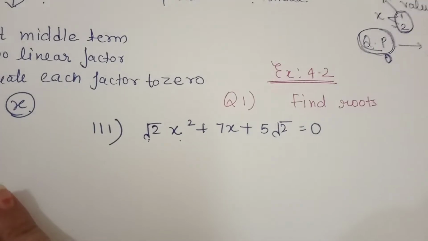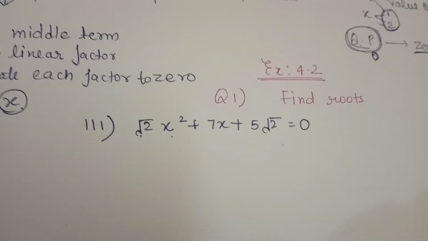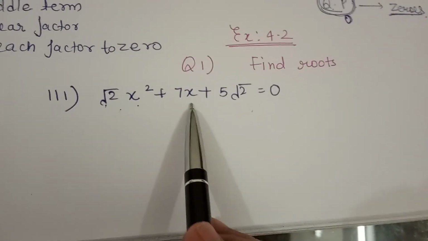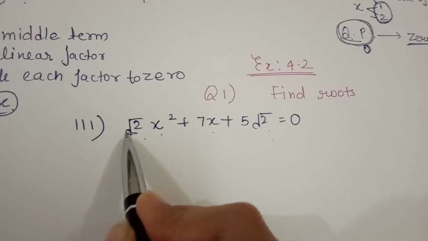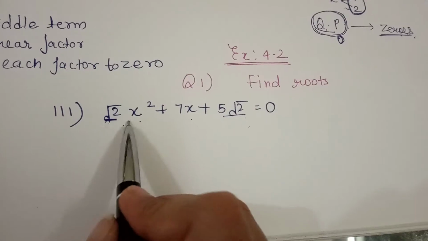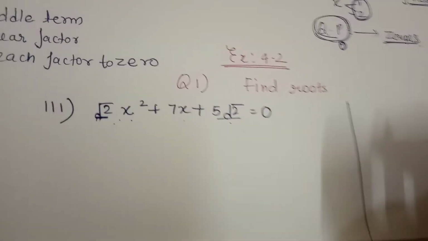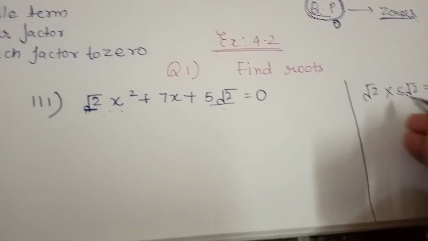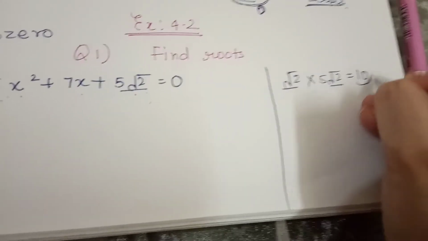Now before this, you first have to see that the given equation is in standard form or not. Yes, this is already in standard form: x square term, x term, then constant term. Now start doing. So you must multiply the first and the constant term. We do rough work here: root 2 into 5 root 2. Multiplying, root 2 into root 2 becomes 2, and 2 into 5 is 10.